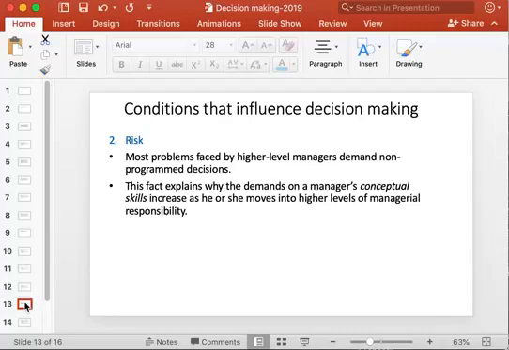So this fact explains why there is a demand on a manager's conceptual skills as he or she moves into higher levels of managerial responsibility.